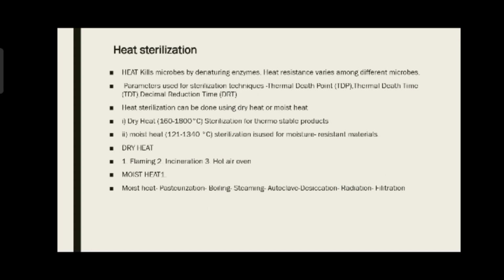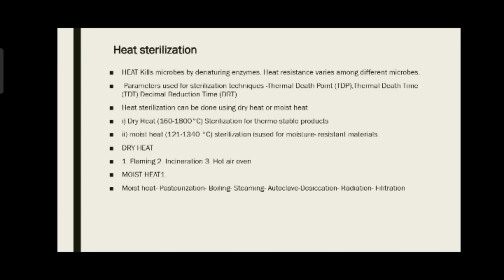The efficiency with which heat can inactivate microorganisms depends upon the degree of heat, the exposure time and the presence of water. For that, some parameters are used: thermal death point and thermal death time.